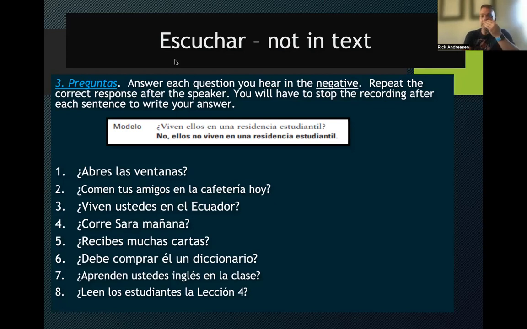3. Preguntas. Answer each question you hear in the negative. Repeat the correct response after the speaker. Modelo. ¿Viven ellos en una residencia estudiantil? No, ellos no viven en una residencia estudiantil. 1. ¿Abres las ventanas? No, yo no abro las ventanas. 2. ¿Comen tus amigos en la cafetería hoy?